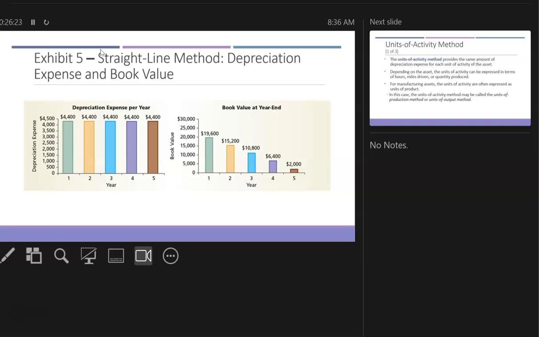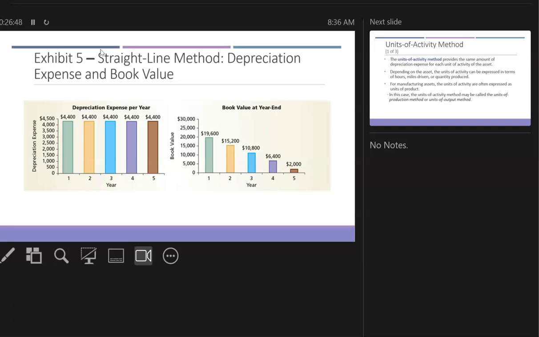Here, you see that after year one, when we take $4,400 of depreciation, do you see now the net book value of that forklift is $19,600? After year two, the net book value would be $15,200.